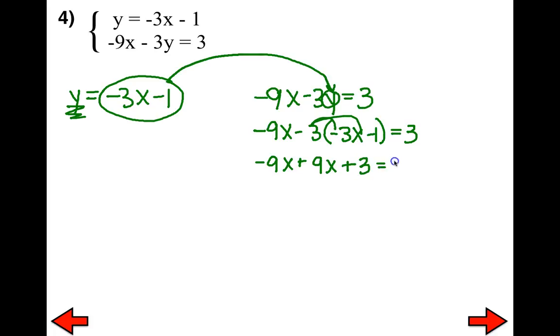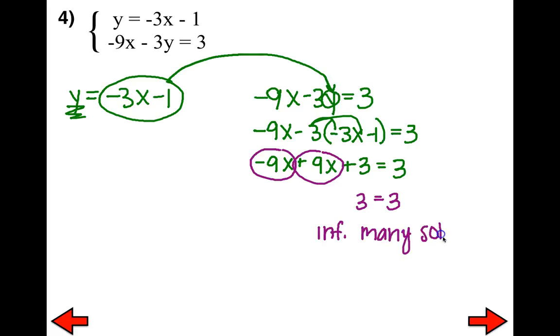plus 3 equals 3. Now here, you're going to recognize, hopefully, that a negative 9x and a 9x is going to be 0. So essentially, they eliminated, and you end up with 3 equals 3. So here, because I ended up with a true statement, I'm going to go ahead and say that it's infinitely many solutions. But again, I need to check my work by first saying, okay, here, the variables were eliminated, so let's use a different color.